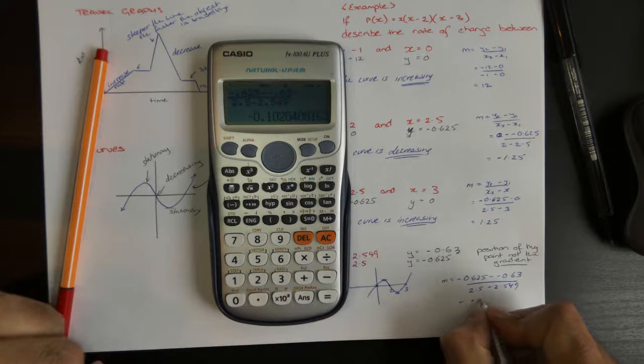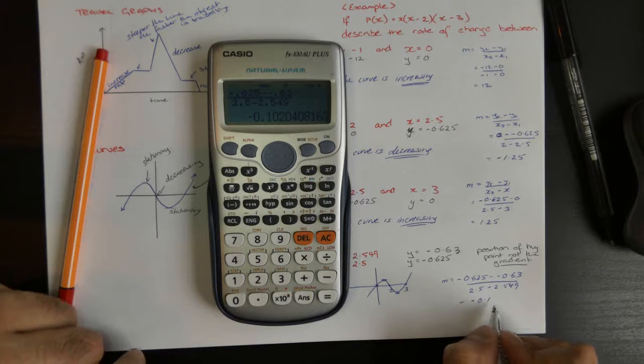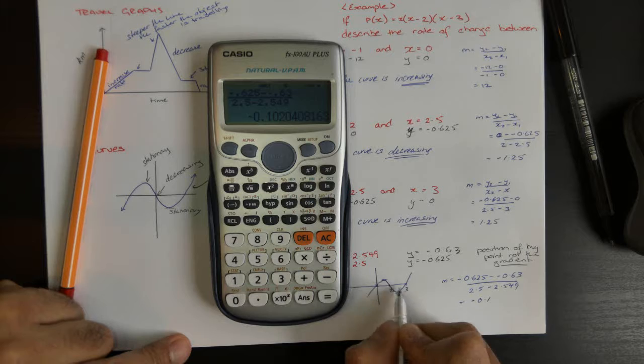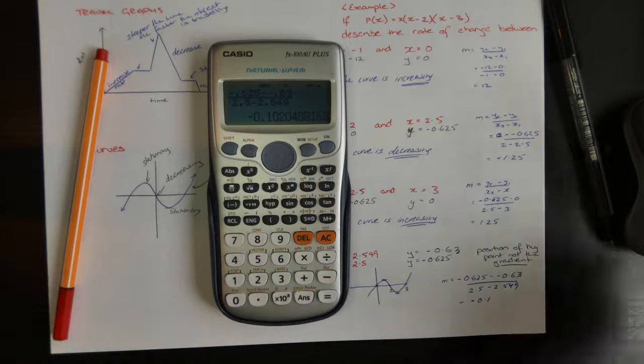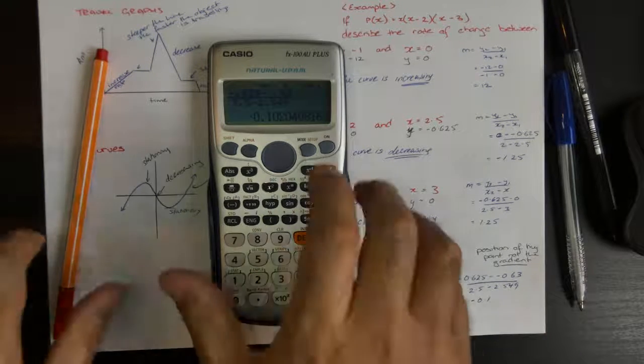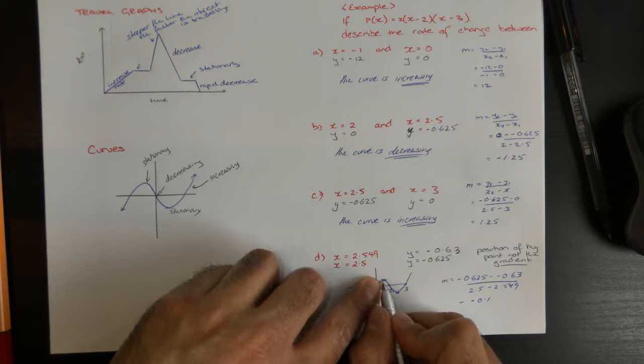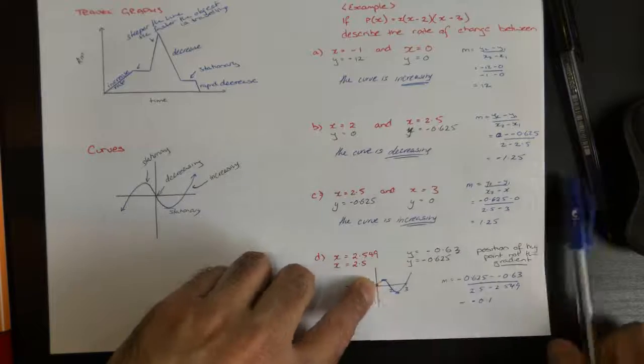We get 0.1, which is very close to 0, so it looks like it's slowly decreasing from that point. Okay. It's almost at the stationary point, and it's that point where it's just coming down, slowly decreasing.